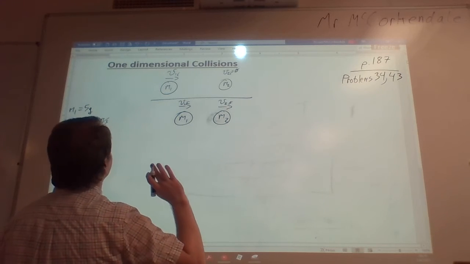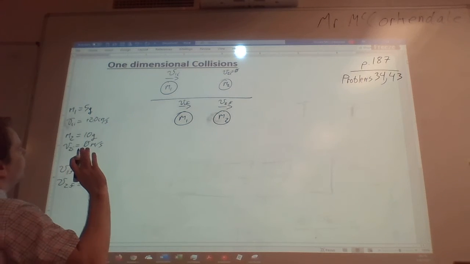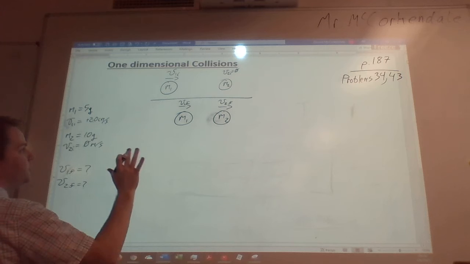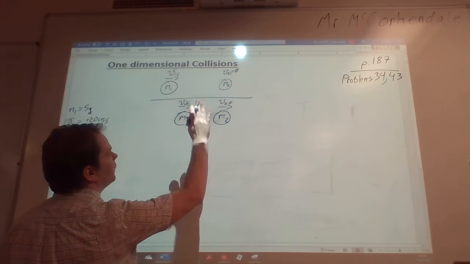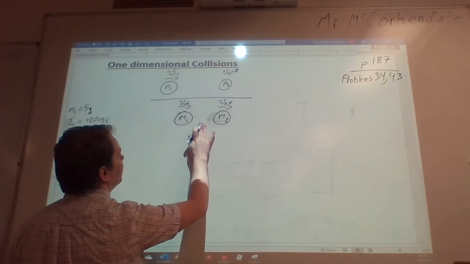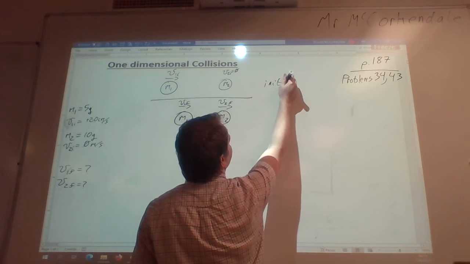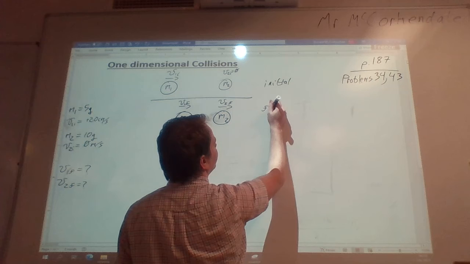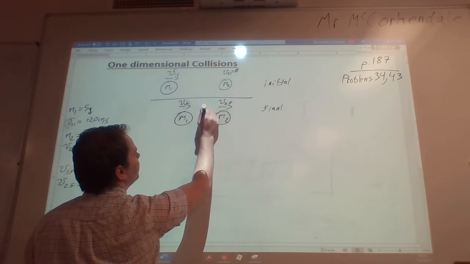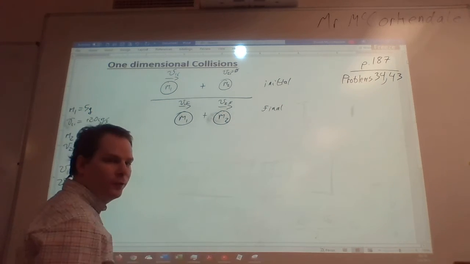Now, the equation then is going to say, since neither of these are traveling at the same velocity, this is initial and this is final. We have two separate entities both times.